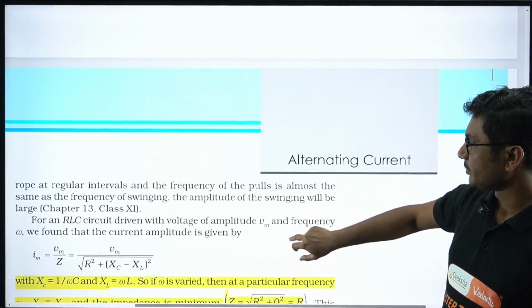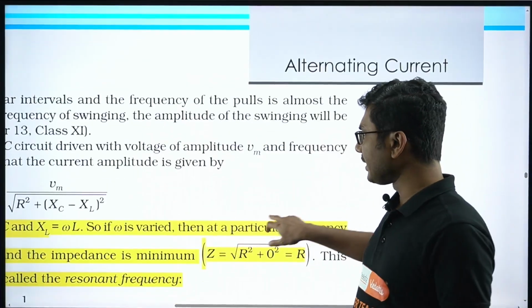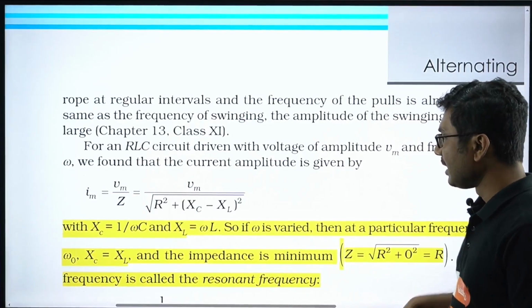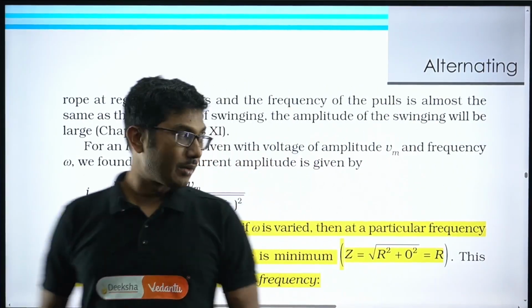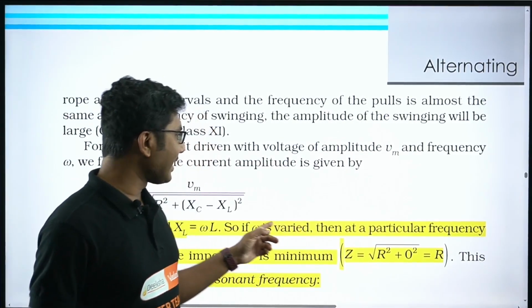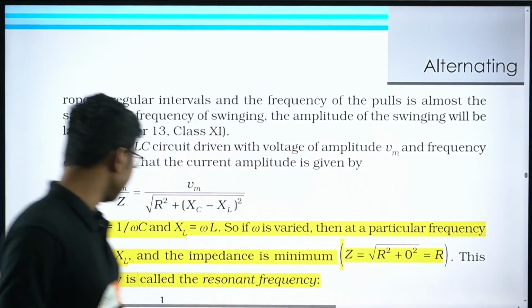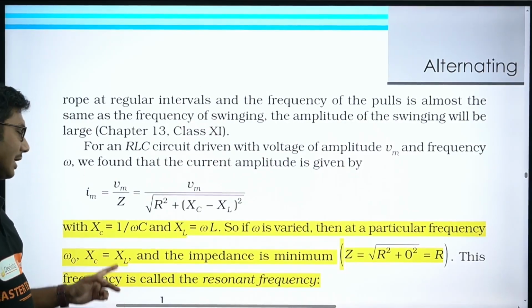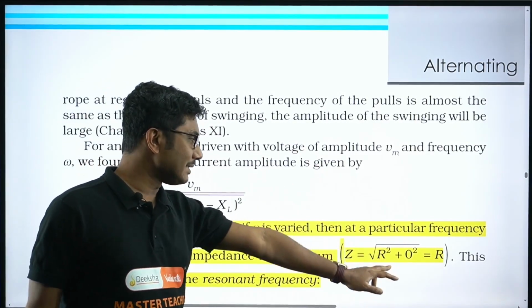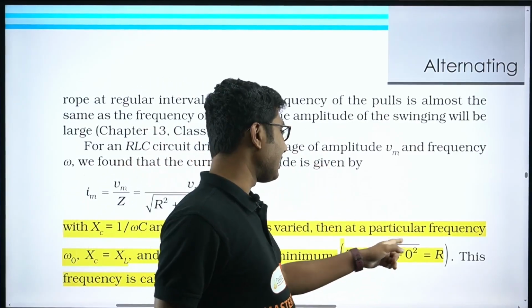Okay, resonance. So at resonance, if XL equals XC, with XC equal to 1 by omega C and XL equal to omega L, then if omega is varied, at a particular frequency XC equals XL, and the impedance is minimum, that is, XL minus XC whole square becomes 0.